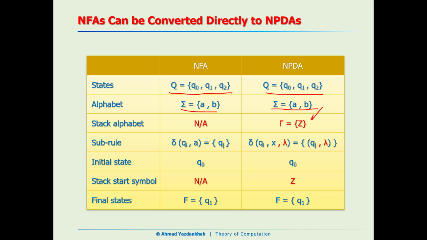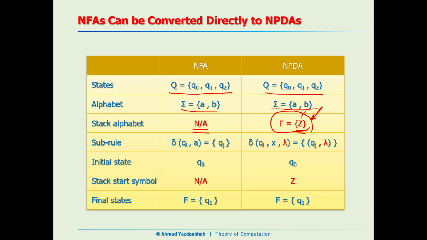A starting symbol for the NPDAs is Z, but this one doesn't have it. Of course, it doesn't have it, right? I just need to add this, right? No more alphabet for the stack. Just the Z is enough, and it is always the constant thing. I can add this, right?